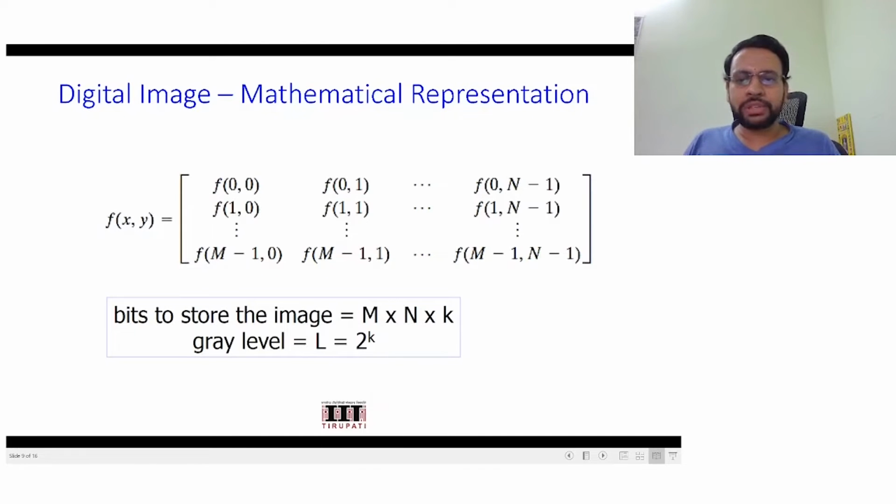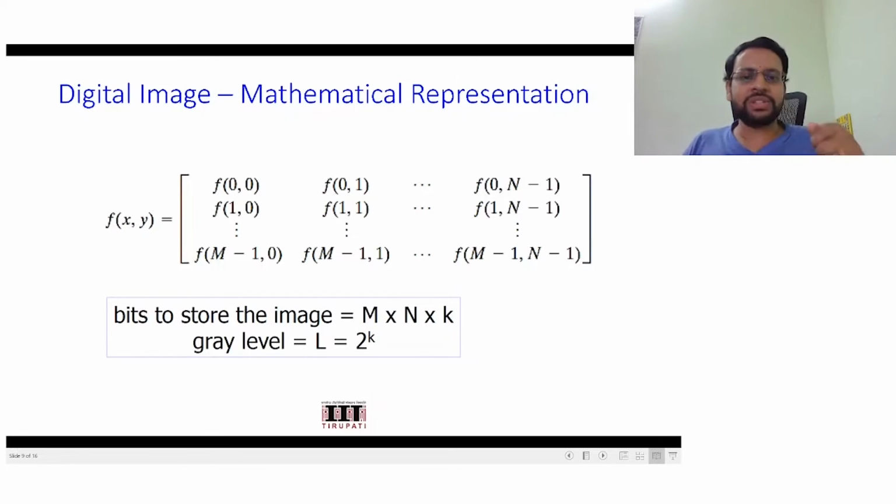So for the same image, depending on the programming language you are going to use, the index could either start from 0 or it could start from 1. If I remember correctly, in MATLAB, the index for images starts from 1, whereas in C and C++, we start the index values from 0.